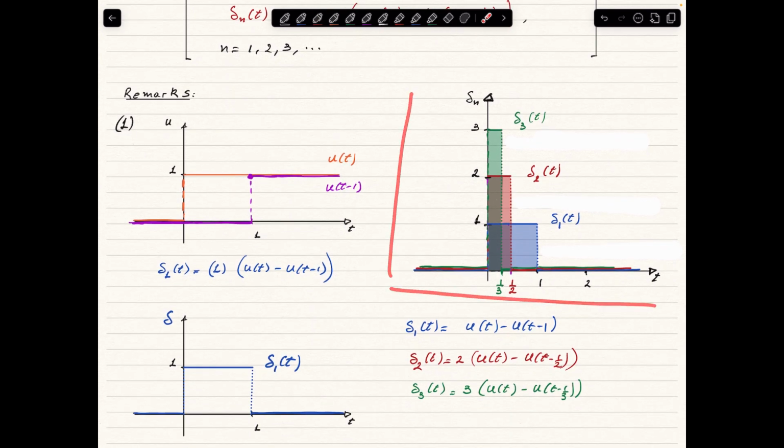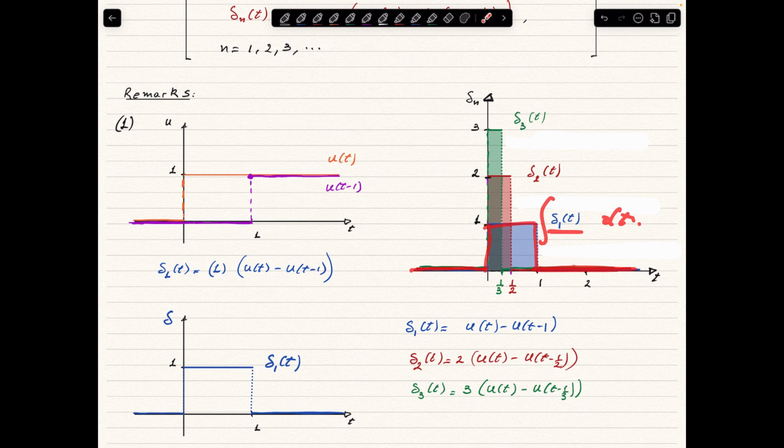And notice one important property of these functions. Consider delta 1, the first element in the sequence, is this function here. What is the integral of this function in the real numbers? Well, it's the area under the graph of the function.